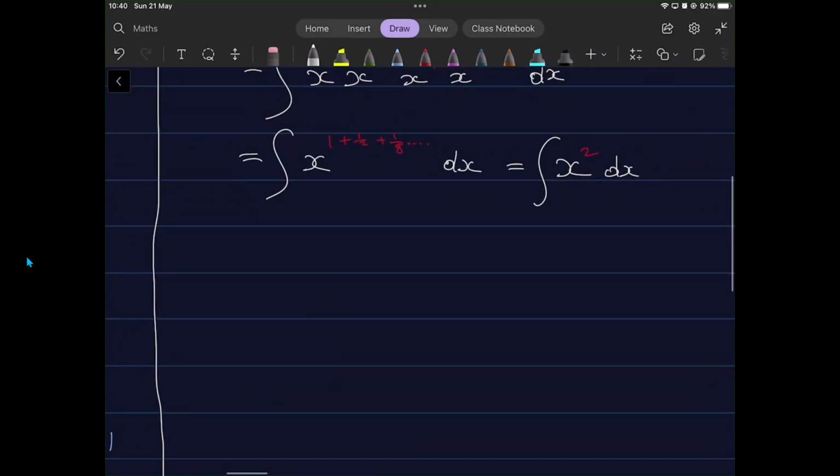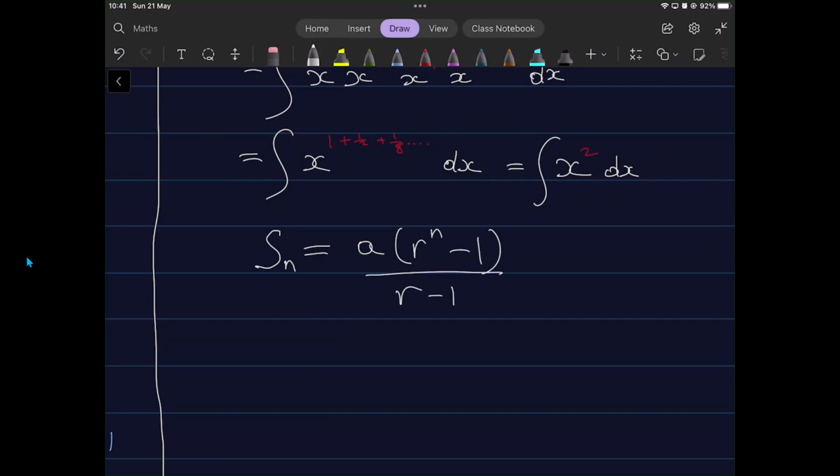geometric series. So the idea is you have S_n, which represents the sum of the series, where n represents the number of terms in that series, is equal to a, which is the first term of the series, multiplied by r, which is the common ratio by which each term is multiplied, to the power of n, minus 1, all over r minus 1.